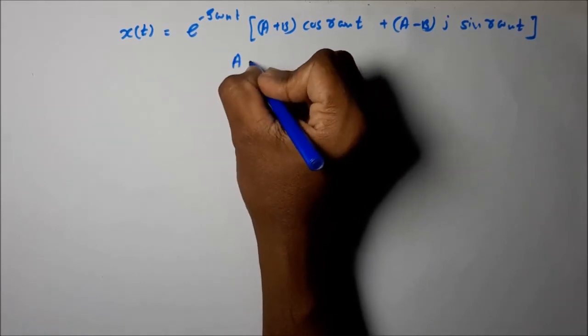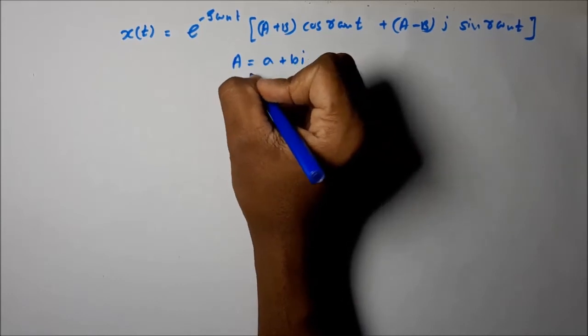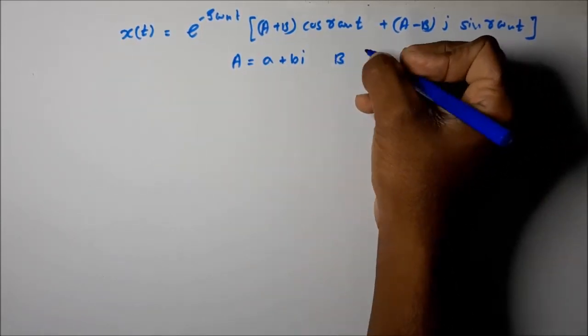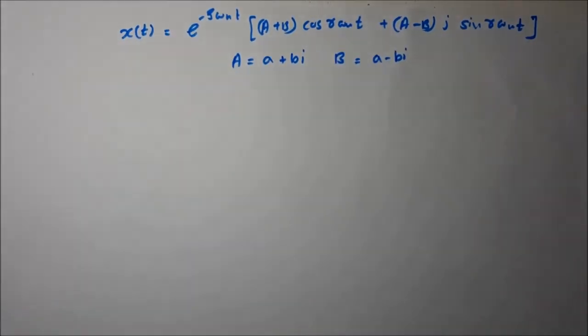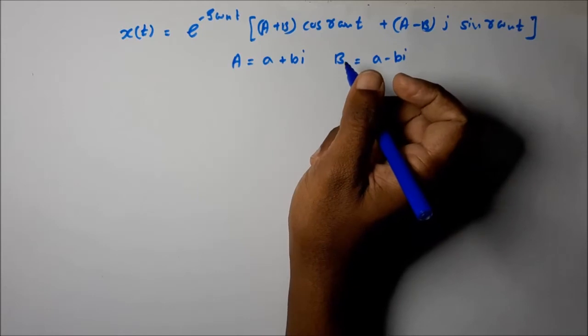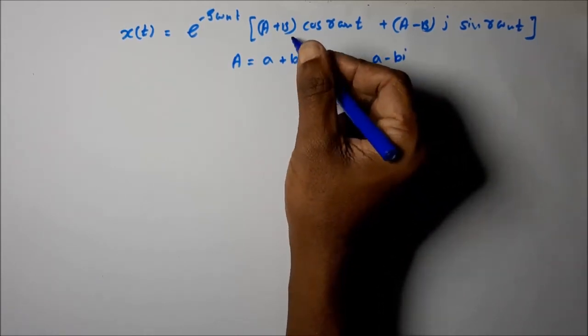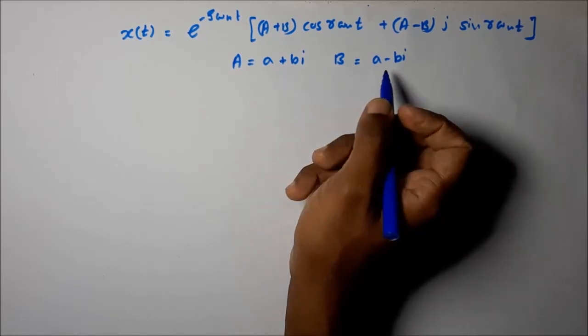That means if A is in the format a plus bi, B should be a minus bi. Such constants are possible.